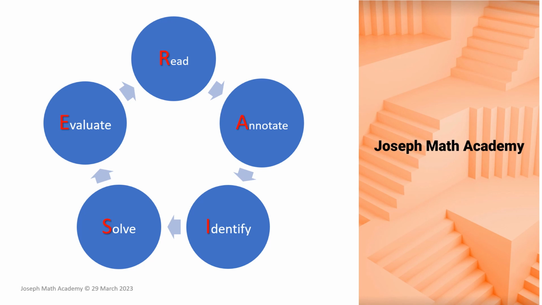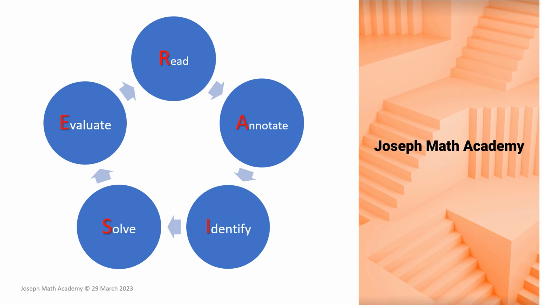Now, highlighting questions is allowed, but we do not highlight our answers. We do not highlight our equations. We can only highlight the main question. Reading and annotating allow us to identify the concept, the heuristic. So once we know the heuristics, the concepts, we are able to solve the problem.